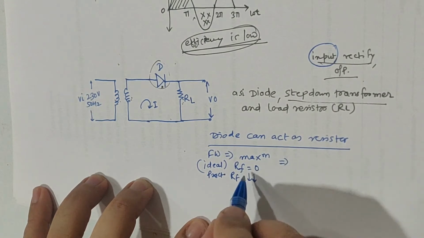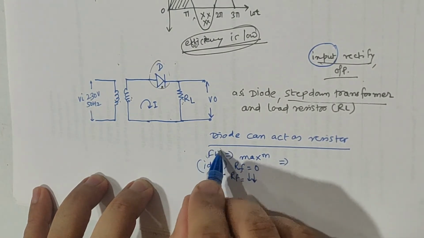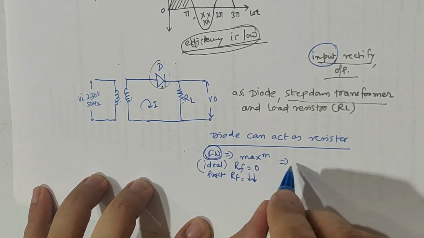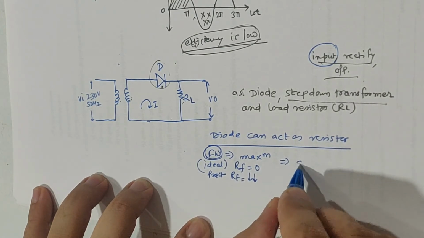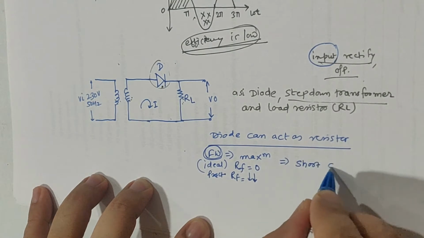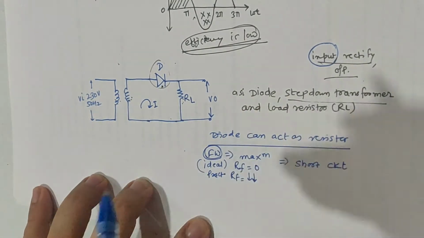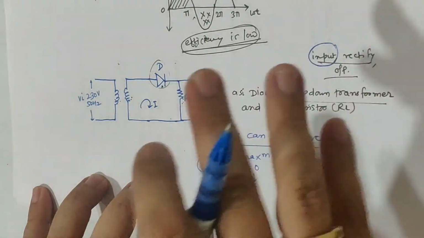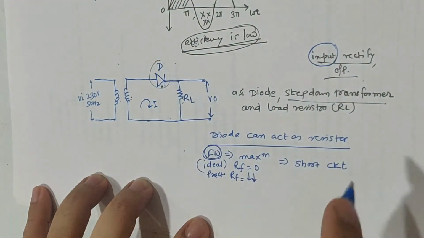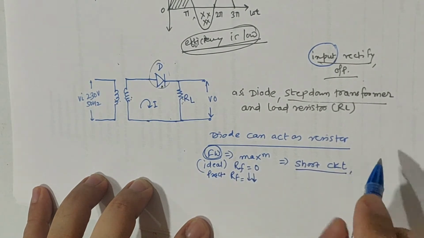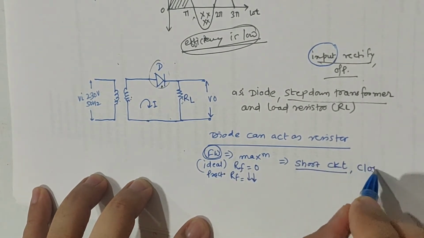That's why when the diode is in forward bias, it will act as a short circuit. It will allow the entire current to flow through it. So a forward bias diode is a short circuit, or a closed switch.